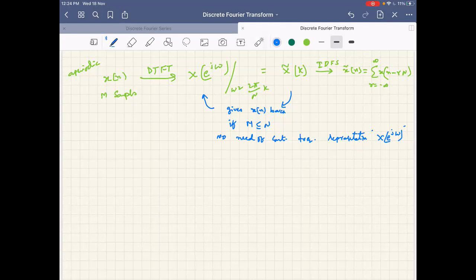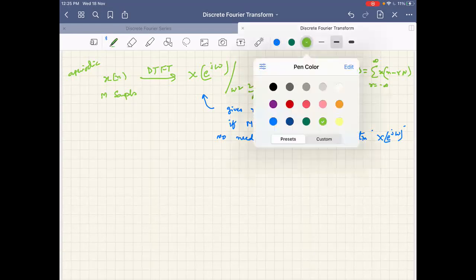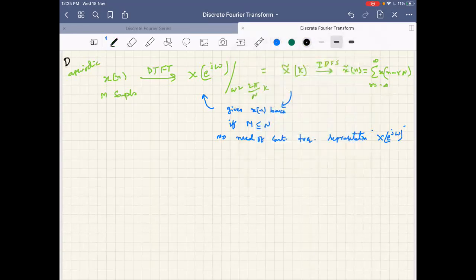So discrete aperiodic sequences occur very naturally and frequently in digital signal processing, and hence this discrete Fourier transform, which I am now discussing, is one of the widely used transforms for time domain to frequency domain analysis of signals.